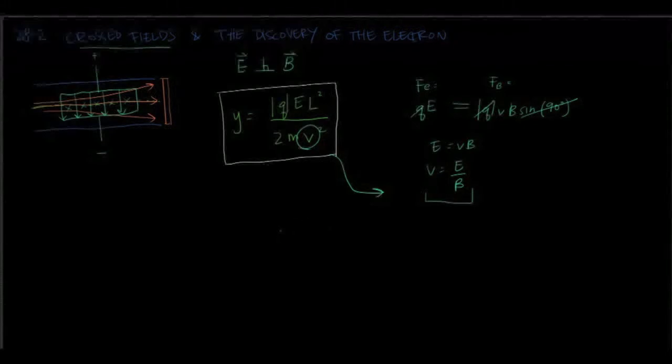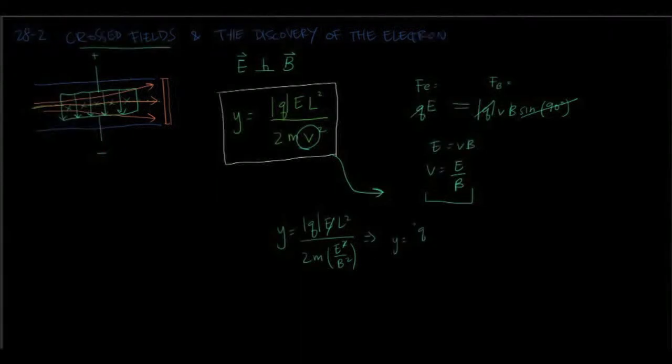So you say that y equals the charge times E times L squared over 2M times E over B, squared, which I'm going to write as E squared over B squared. Of course you can cancel out this top E, and you can write it as y equals q L squared B squared, flipping the B to the numerator, over 2M E.